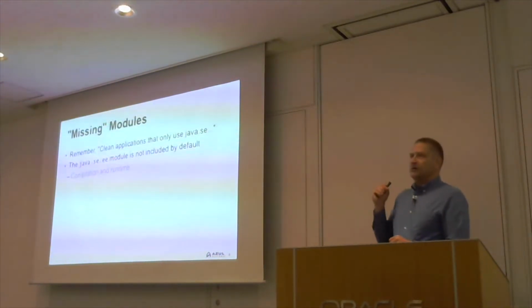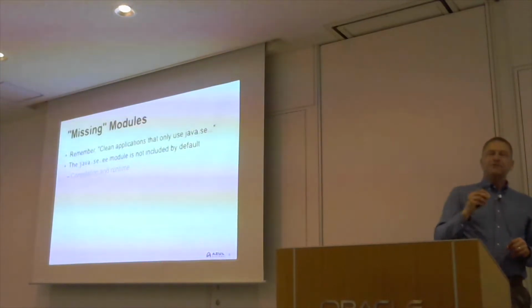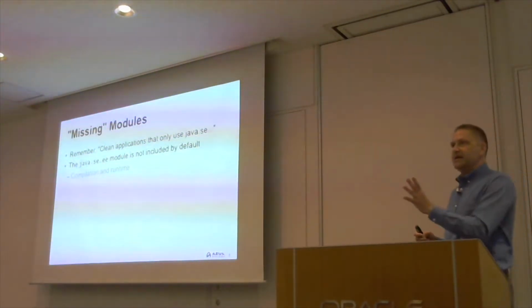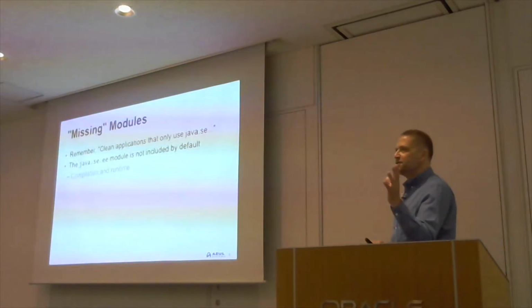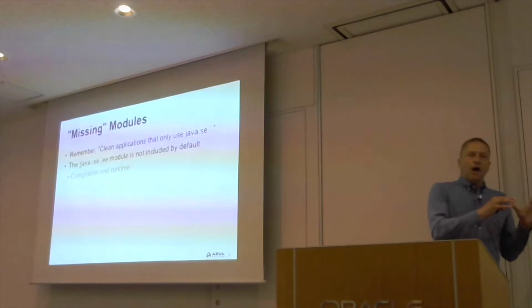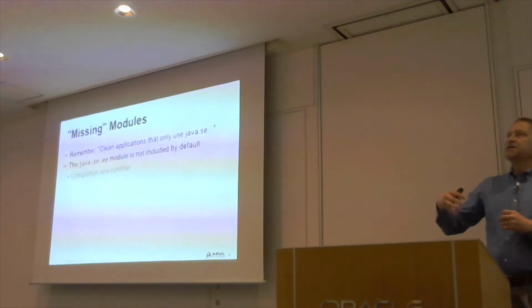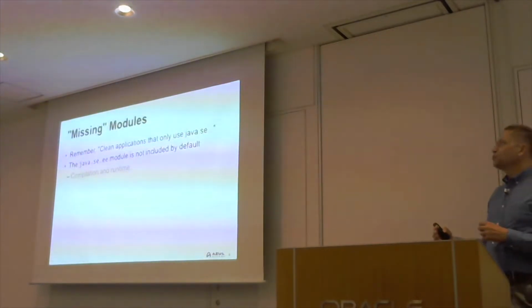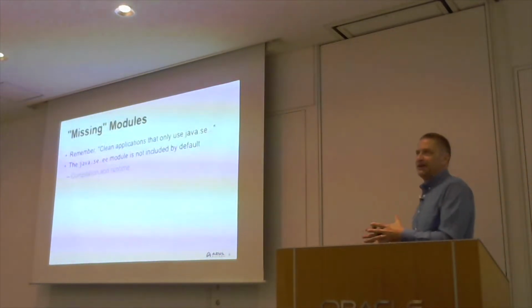Now, there is another aggregator module that's bizarrely and somewhat confusingly called java.se.ee. This is the enterprise edition side of standard edition Java. A number of classes and packages were added to Java over the years, which really shouldn't have been.